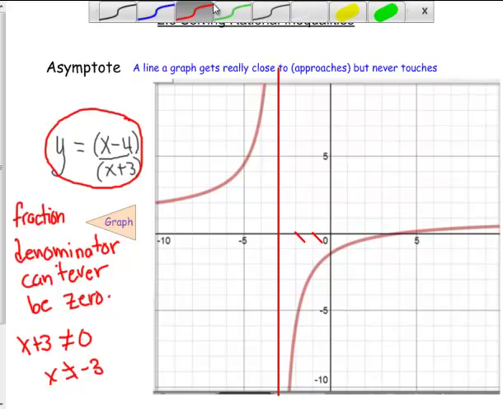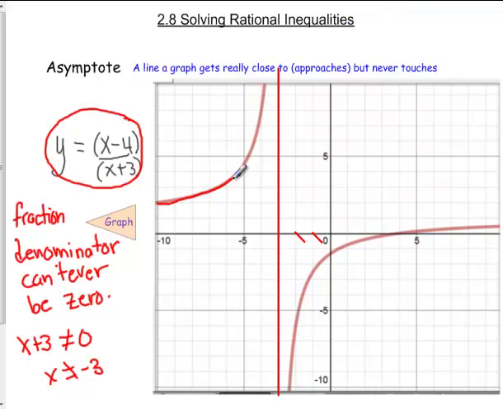Do you see the asymptote happening there? See this red line? It gets really close to this straight line. And then this side of the equation gets really close down here. But it's never, ever, ever going to touch.